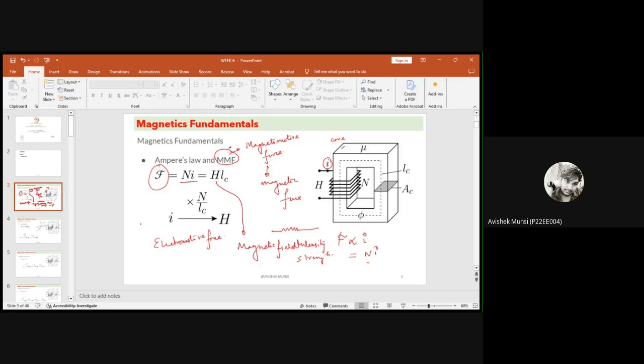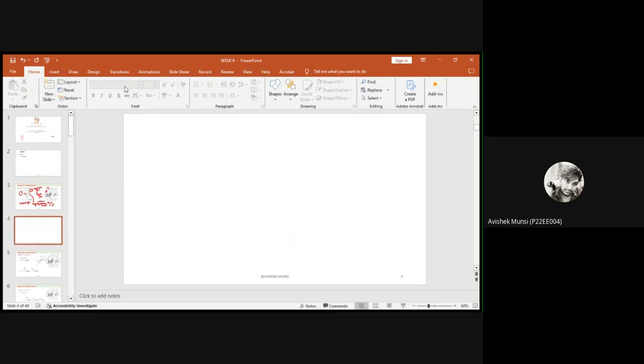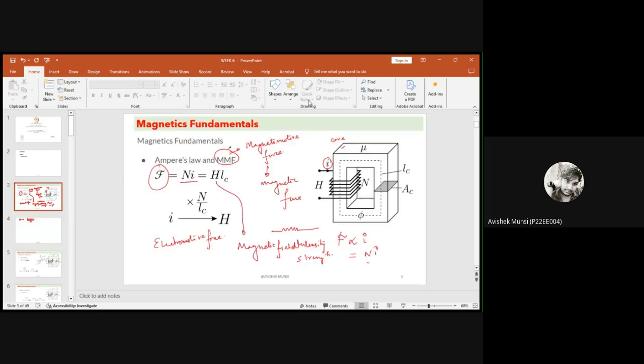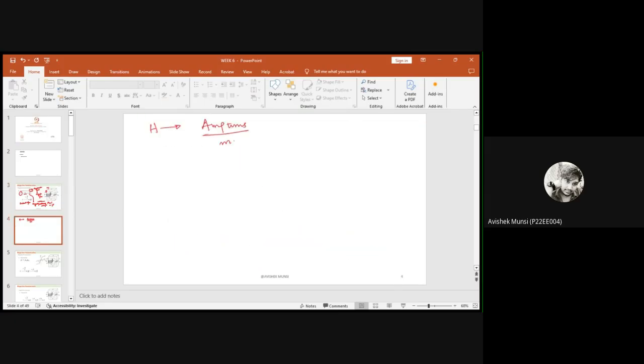The unit of H is, let me add a slide, ampere turn per meter. That's why in the last slide I wrote that.